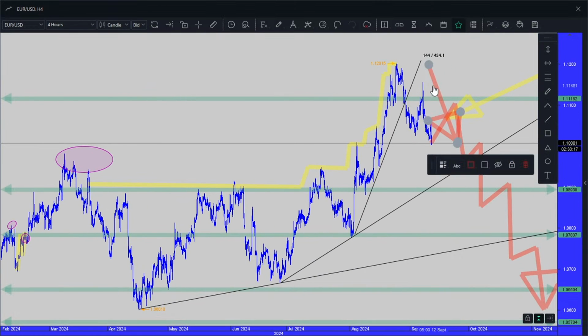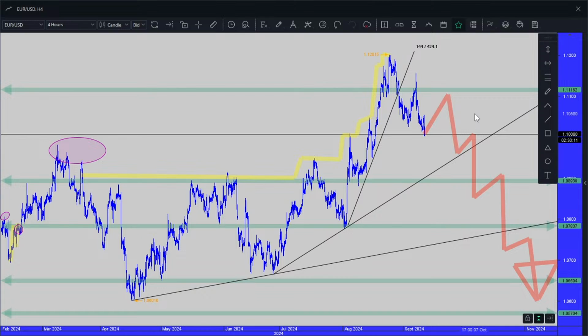Fair enough? Do we agree on this way of thinking? This is called spatial intelligence. What is spatial intelligence? How you understand the market, how you understand the charts.